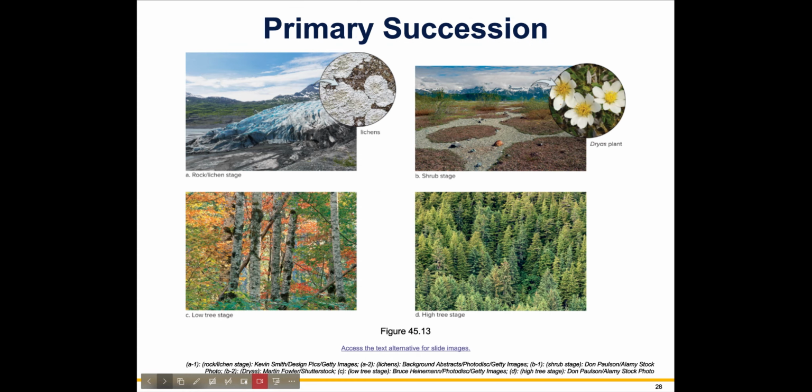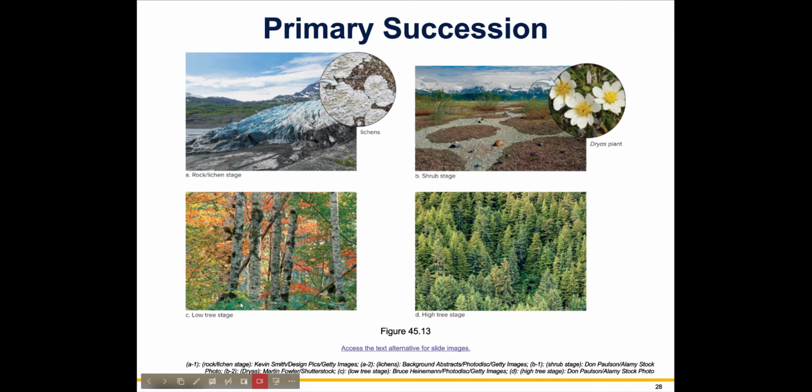So here's our example of primary succession. We got this bare rock. A glacier has come and scraped away everything. The first things that can grow are moss and lichen. As they grow and die, they add nutrients to the soil until we can grow small things like these little flowers, tiny shrubs. As those live and die, they add nutrients to the soil.